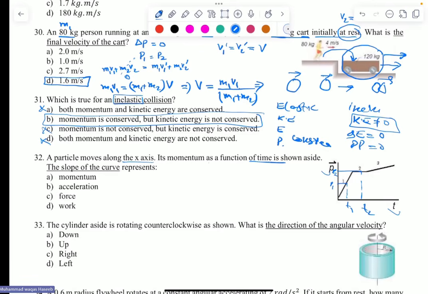So slope is P2 minus P1 divided by T2 minus T1, which is nothing but delta P over delta T, and the rate of change of momentum is equal to the applied force, which is Newton's second law. So the rate of change of momentum, the slope of the curve, gives you the force.